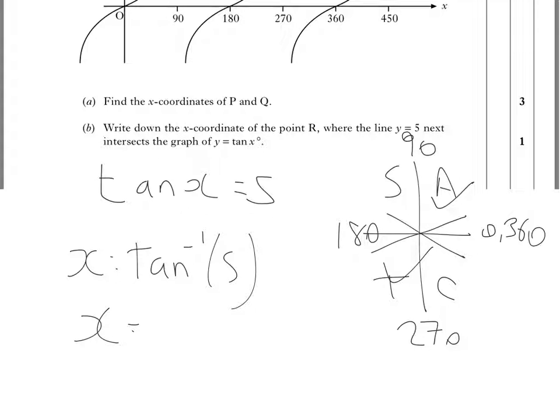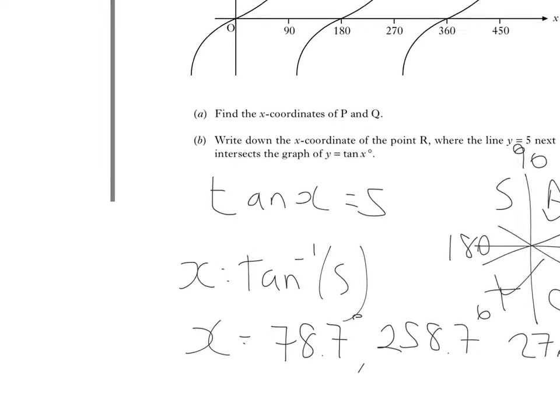That should give you 78.7 degrees to 1 decimal place. In the tan quadrant, our thinking is to move on from 180 degrees by 78.7 degrees, so that will be 258.7 degrees.